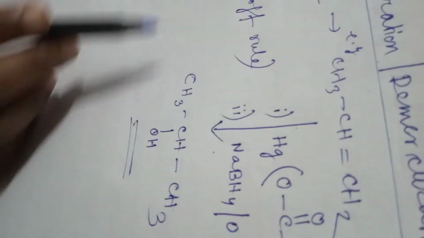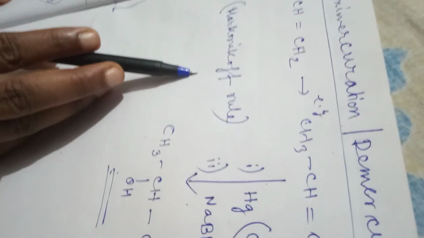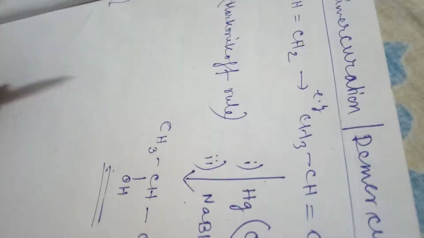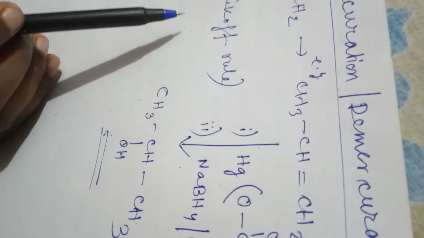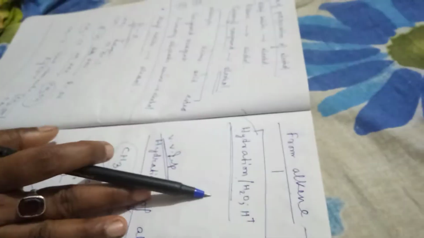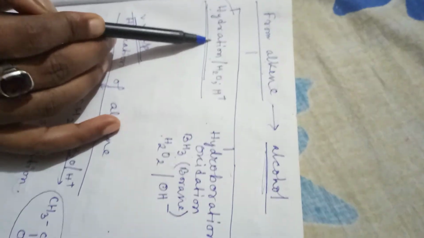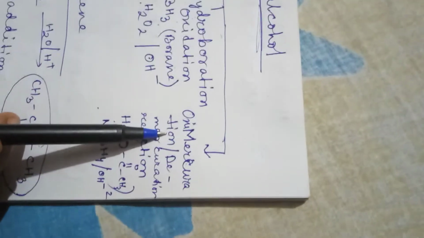Just like hydration of alkene, we have got the same alcohol, and here also we are getting the same alcohol. Please remember this thing. We have studied three methods to prepare alcohol from alkene. One is hydration of alkene, second is hydroboration oxidation, and third is the oxymercuration demercuration reaction.